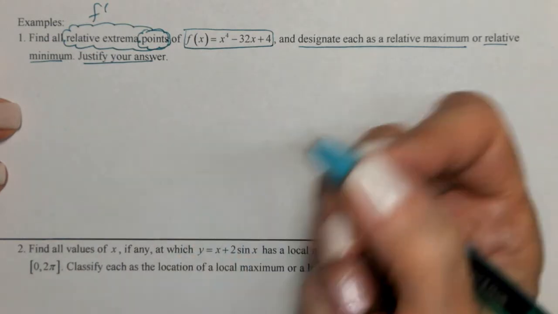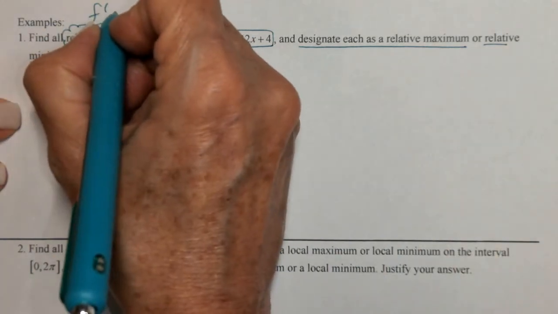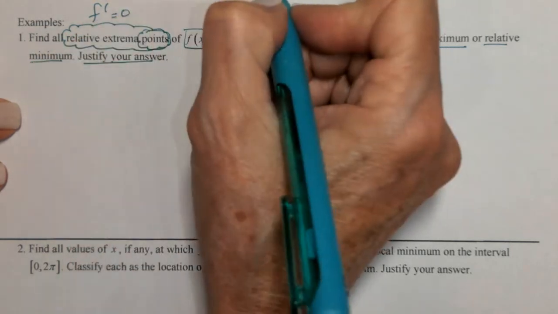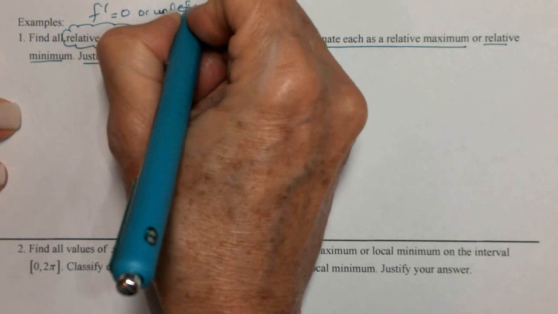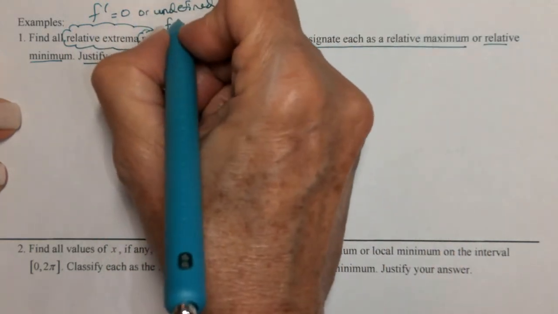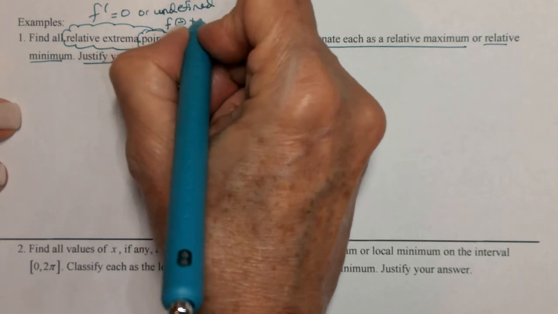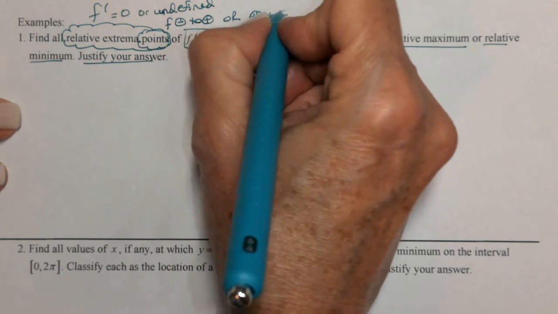I'm finding the critical numbers. So I want to find where f prime is 0 or undefined. And then I'm going to see where f prime changes from negative to positive or positive to negative.